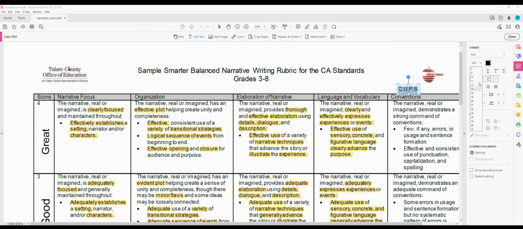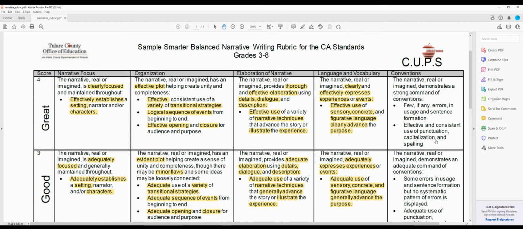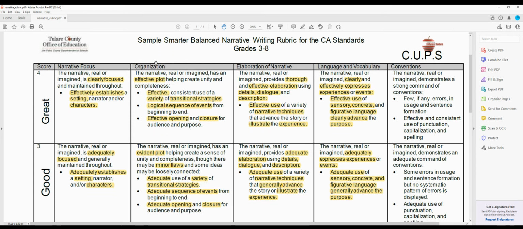Cups: capitalization, grammar usage, punctuation, spelling. How well you do with these conventions. Notice how it's such a small section of our paper. The focus, the organization, elaboration, language and vocabulary, that's going to be all revising. Cups, our editing, is just one column.